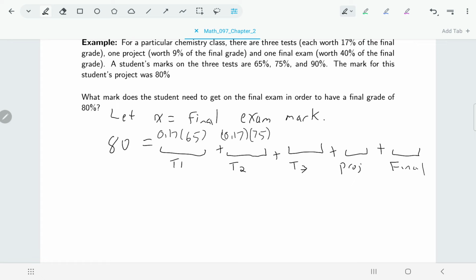And for test 3, you got 90%. The test is worth 17%, so you got 17% of that 90 coming to you. Your project, it's worth 9%, and you got 80 on that, so you're going to be getting 9% of that 80.